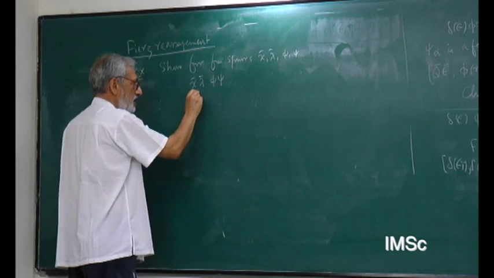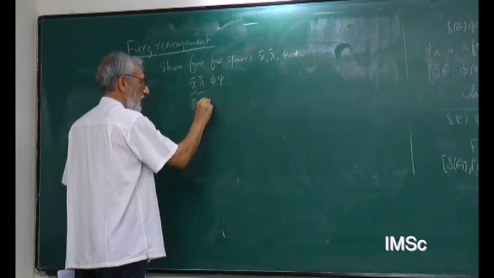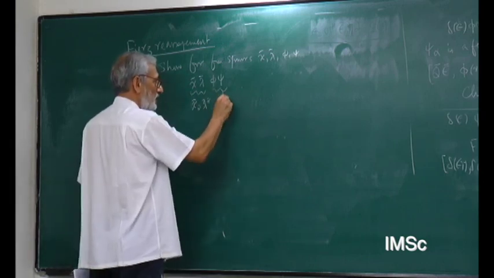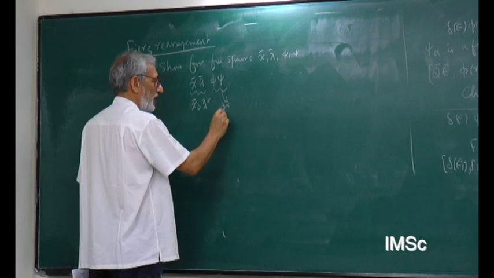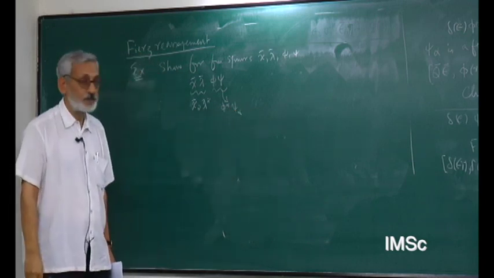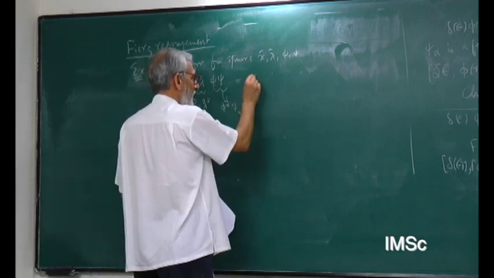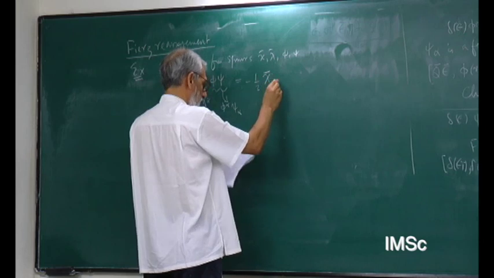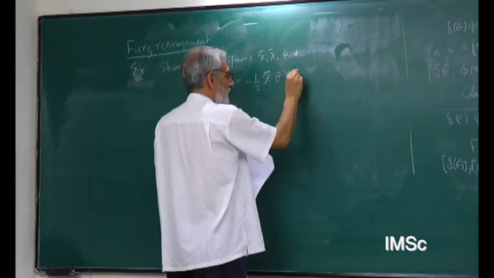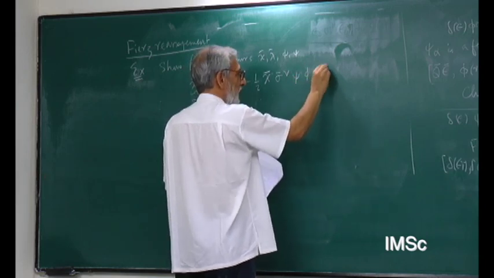What it means is this object is chi bar alpha dot lambda bar alpha dot. These together mean phi up alpha, psi alpha down. This is same as minus half chi bar sigma bar nu psi phi sigma nu lambda bar.